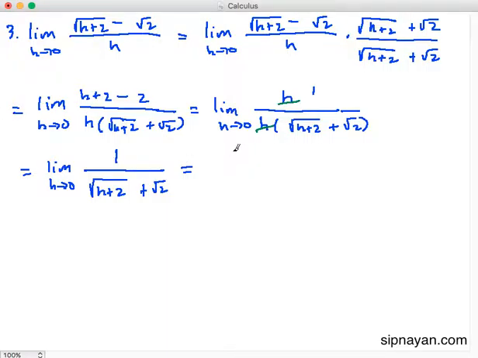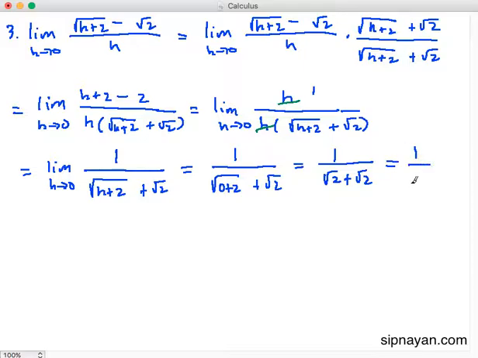So, magiging 1 over, pag sinubstitute natin yung h, magiging square root of 0 plus 2 plus square root of 2, which is equal to 1 over square root of 2 plus square root of 2, which is equal to 1 over 2 square root of 2.